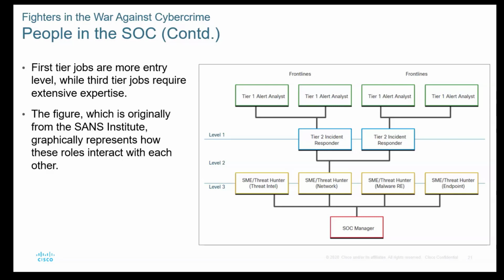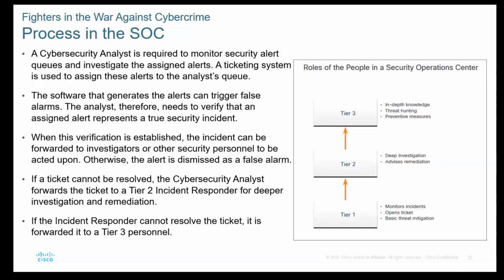These are the roles that you need to know. It's important, so make sure you understand these roles. So what does a tier 1 do? Monitors incidents, opens tickets, does basic threat mitigation. That's what you'll be doing. Then you want to move up to tier 2 or tier 3, where you're getting more engaged. So make sure you understand those different levels.